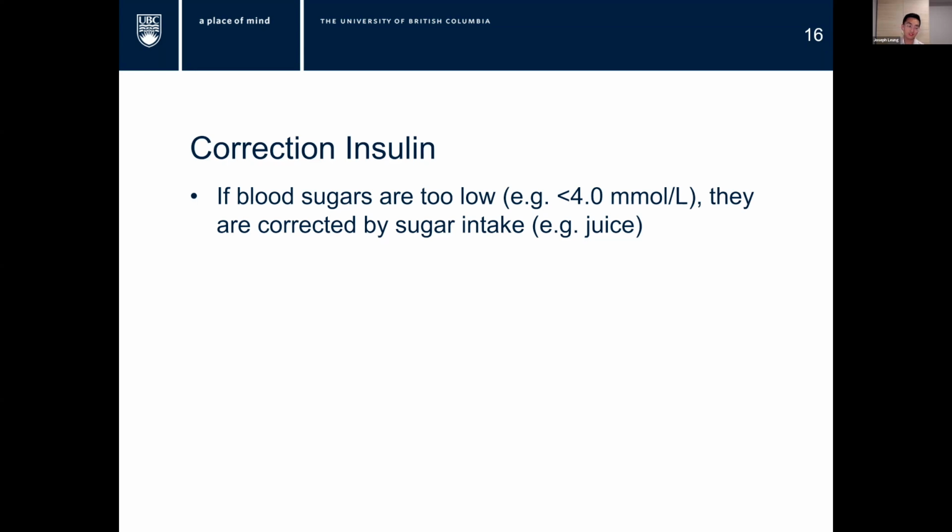For example, 15 grams of Dextabs, that's something like 4 Dextabs, or they can take some juice. A typical juice box has somewhere between 20 to 25 grams of carb or sugar. So they might take in, for example, half or 2/3 of a juice box.